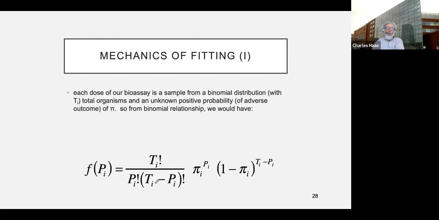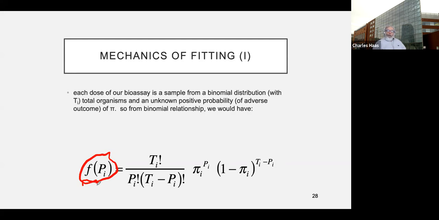So we use a technique called likelihood. So if my experiments give me a total number of subjects, TI, and a number of positive subjects, PI, at each group, and I were to expect a positive probability in that group, pi sub I, then this would give me the likelihood of actually observing the results that I obtained.